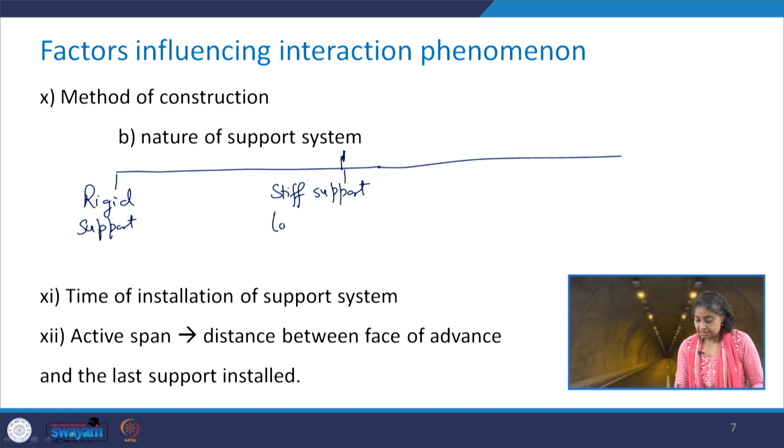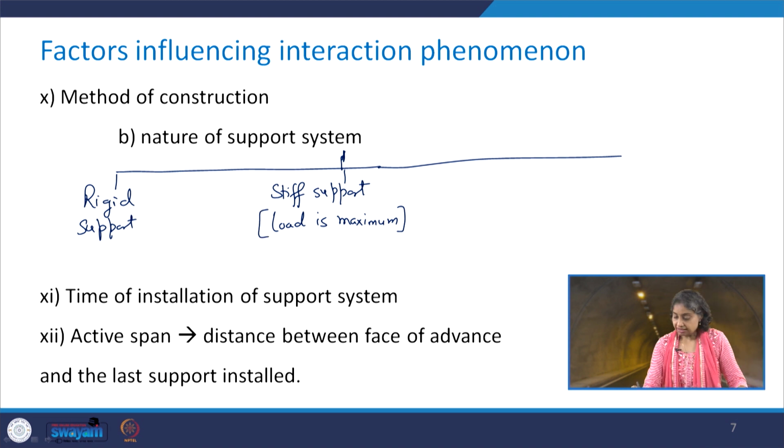Here in this case, load in the support system is going to be maximum. And the third one is yielding or the flexible type of support. In this case, we will have maximum deformation.